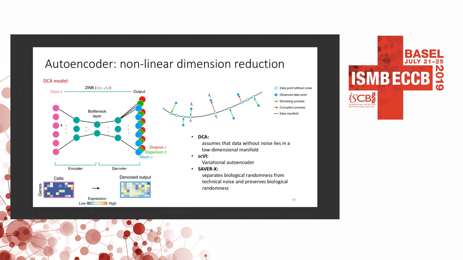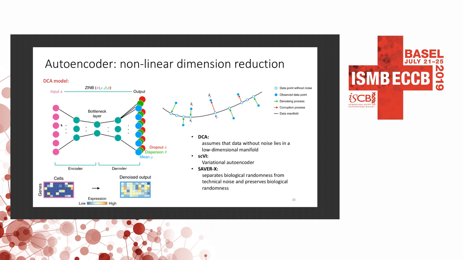Graphically, I think this is a nice explanation. These blue dots are your observed data. But they think that the true gene expression lies in this low-dimensional manifold, which is the projection from your bottleneck layer to here. They're trying to find this manifold, and the white circles are your denoised data.